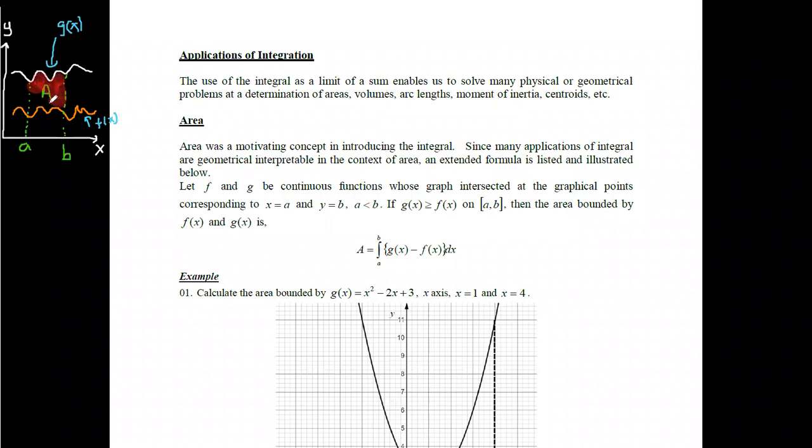I need to evaluate the value for this colored area. How can I do this? The things that you have used previously can be used here.